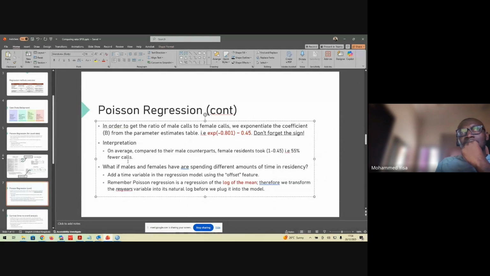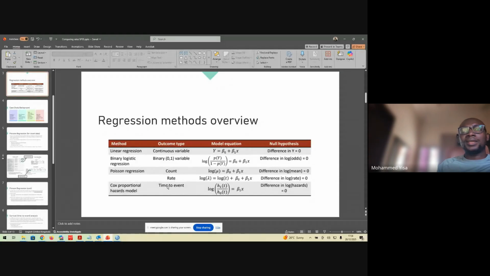It's not a logistic regression per se, but it's a log. If you were here when I showed the null hypothesis of all the different regressions that we are covering in this course, you can see that apart from the linear regression, where we are just modeling a difference in the means, so just straight up a minus b, everything else is a log.